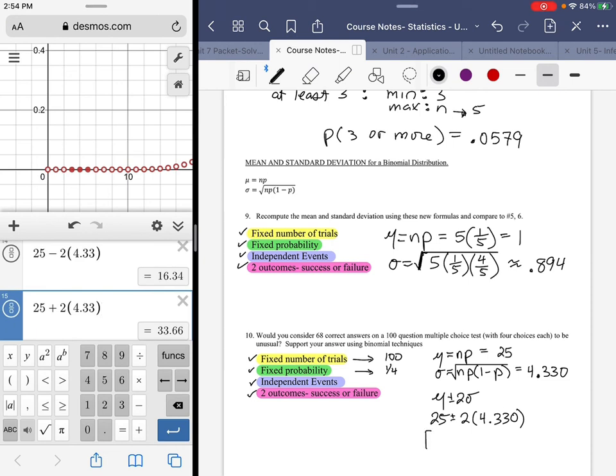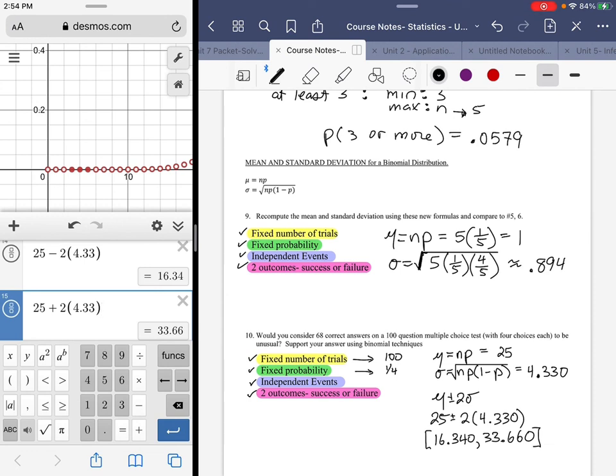So our usual range, about 16.340 to 33.66. I'm going out to 3 decimals, just force of habit. Of course, just be mindful of whatever the rounding instructions are on a test.